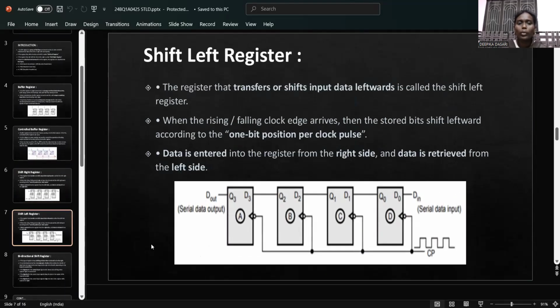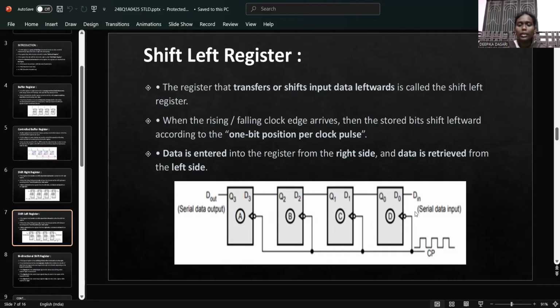Now we are going to talk about the shift left register. The register that transfers or shifts input data leftwards is called the shift left register. When the rising or falling clock edge arrives, the stored bits shift leftward by one bit position per clock pulse. The data is entered into the register from the right side and retrieved from the left side.